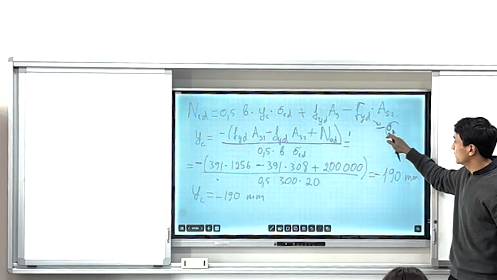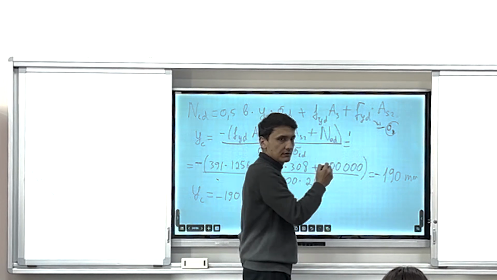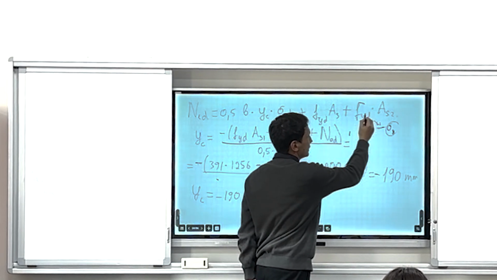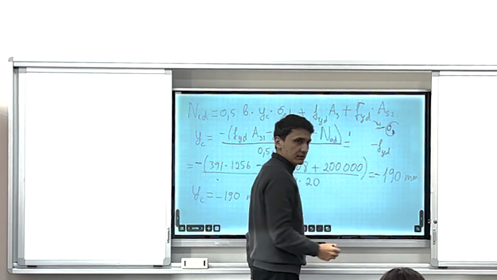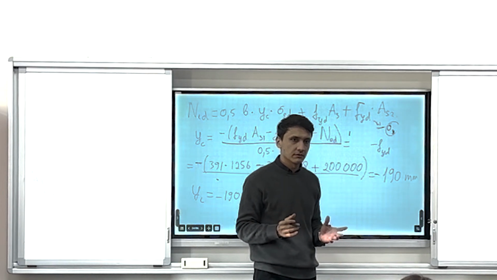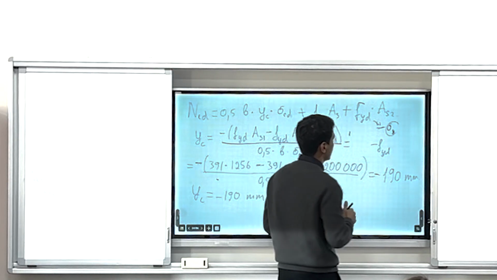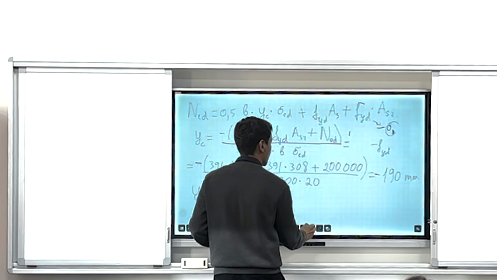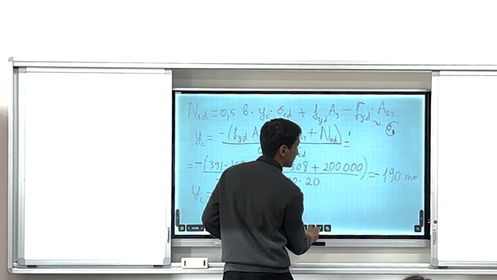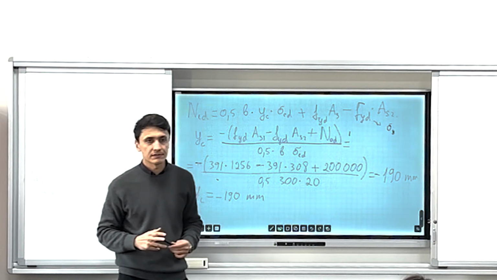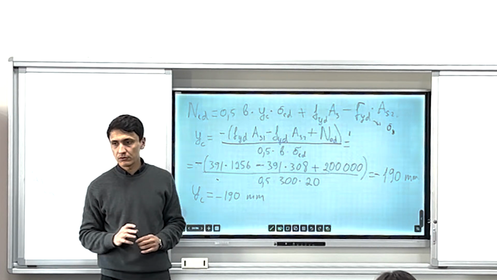I can put plus here, as you told me, but then I would have to put not plus FYD but minus FYD, because it's compressed. The most important thing to keep in mind is that when it's compressed, it's minus. So at the end of the exercise, you can check your results.